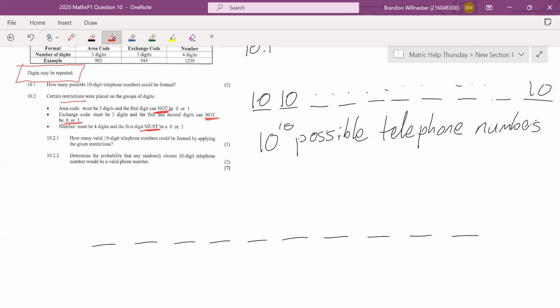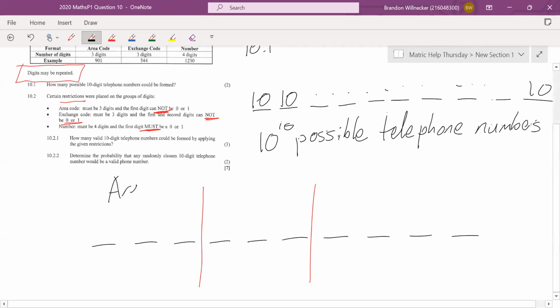Now let's break this up into area code, exchange code, and number. First 3, that's going to be area code. Next 3, that's going to be exchange code. Next 4, that's going to be the number. So let's just write that here. This is the area code. This is the exchange code. And this is the number.